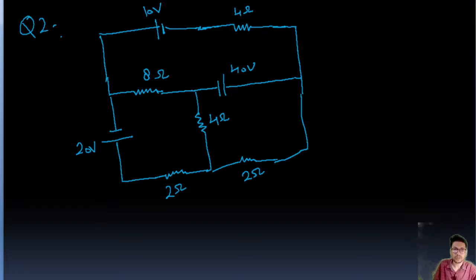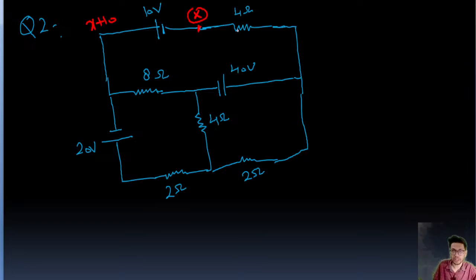So for that we'll use the nodal analysis method. Here we have to choose points. So at this point the voltage is x, guys. If this is the voltage x, this is going to be x plus 10, because the difference is 10 volt. It's a plus part, that is why it's x plus 10.